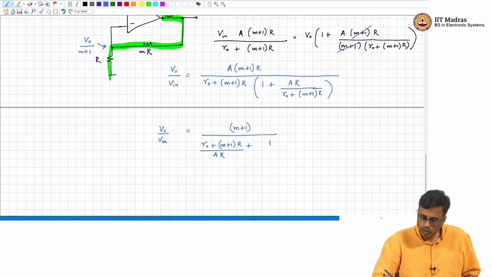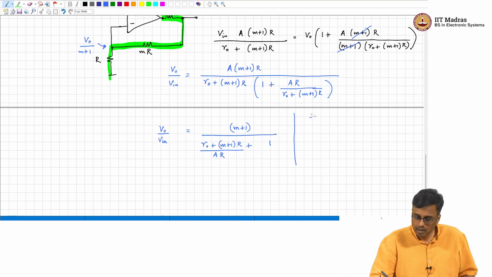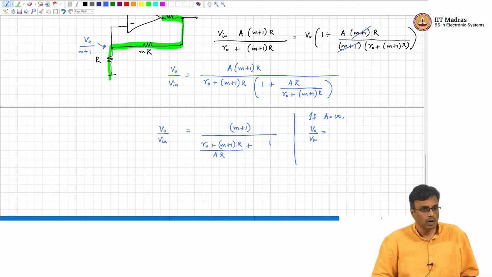Okay. So, sanity check as A tends to infinity, even if A is infinite, Vo by Vn is still equal to m plus 1.